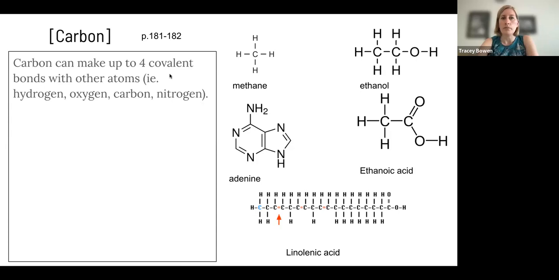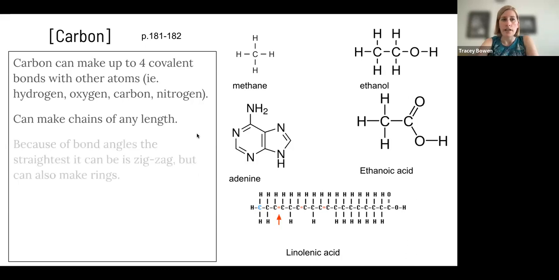So carbon can make up to 4 covalent bonds with other atoms. Examples that it might connect with would be hydrogen, oxygen, carbon, or nitrogen. And as a byproduct of that, it can make chains of any length. Because of the bond angles that occur when it joins up with different elements, it can cause straight chains, or it can cause a zigzag, but also it can make rings.